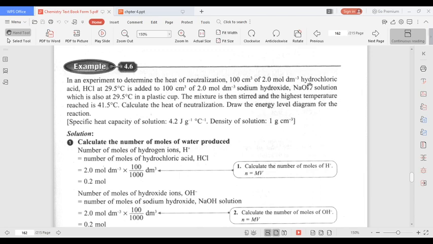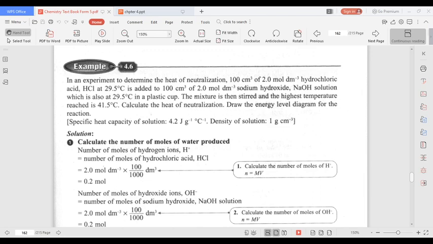So dia ambil suhu acid dan suhu alkali. The mixture is stirred, and the highest temperature of the solution, 41.5 degrees, is taken. Calculate the heat of neutralization and draw.